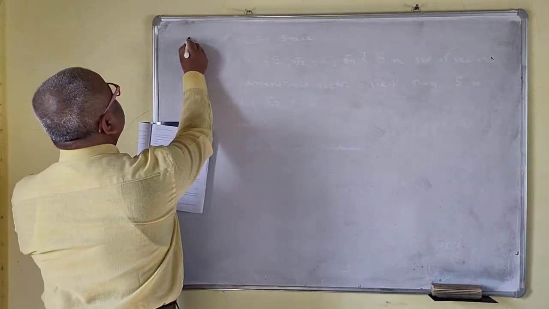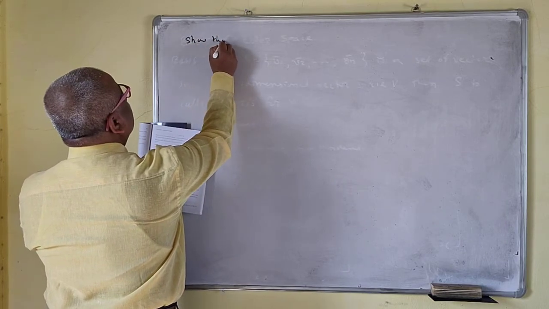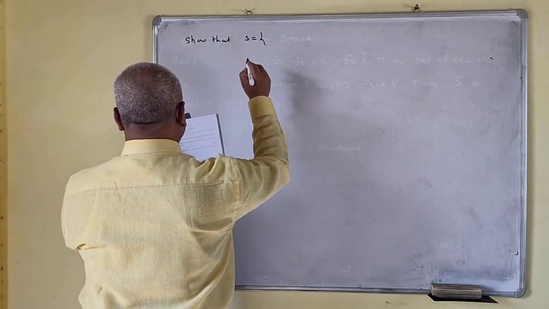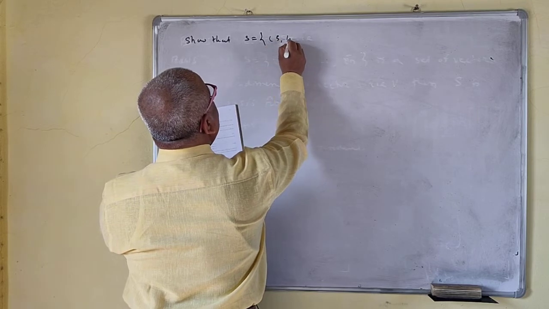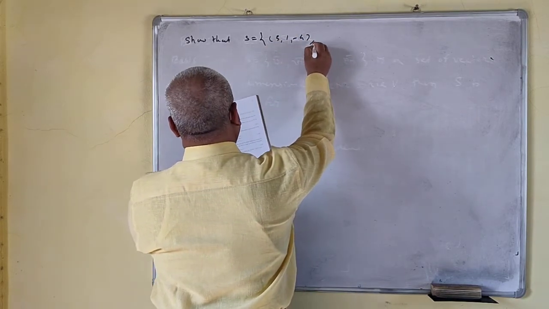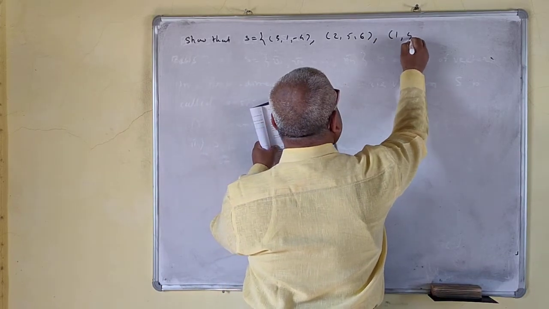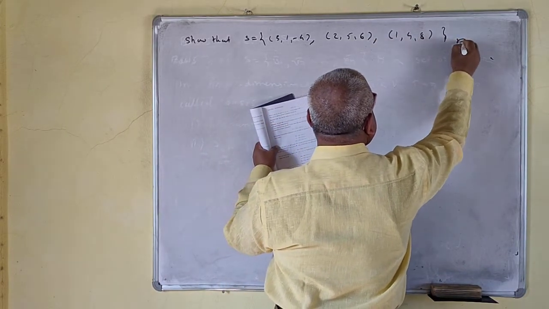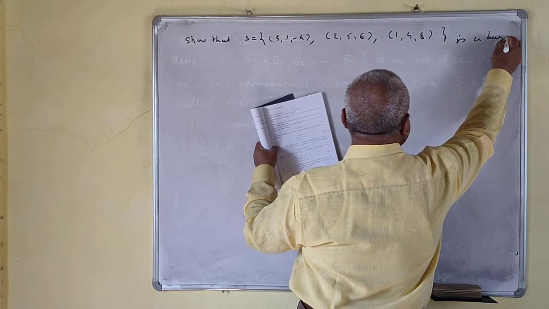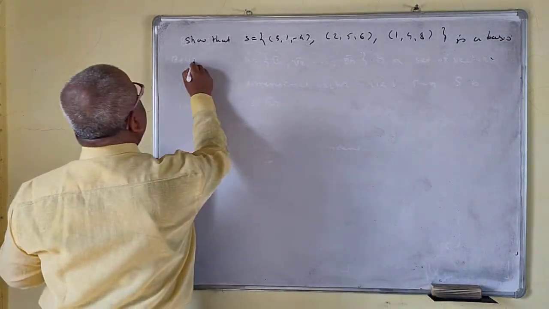So show that S is equal to (3, 1, minus 4), (2, 5, 6), (1, 4, 8) is a basis for R3.